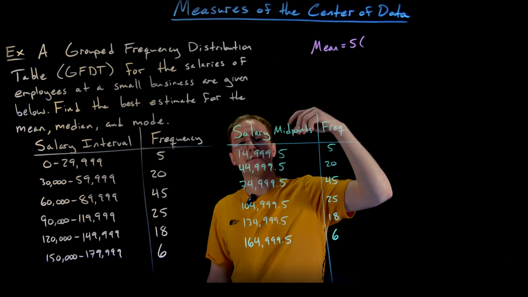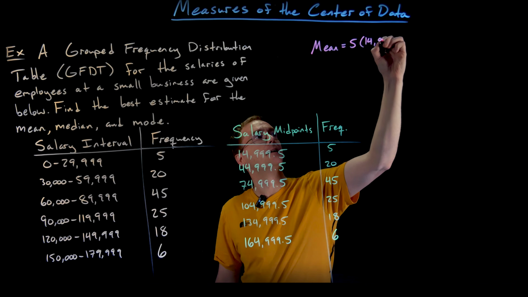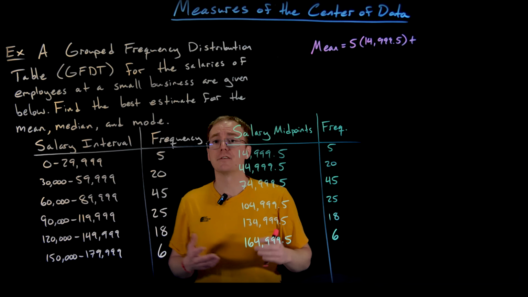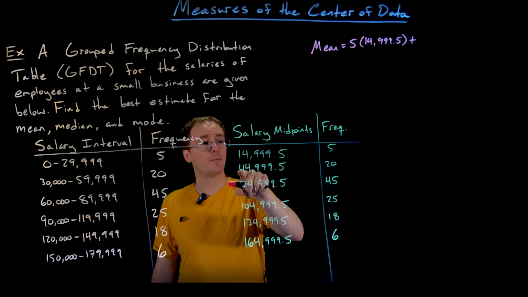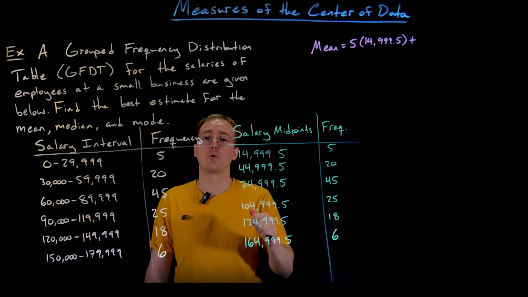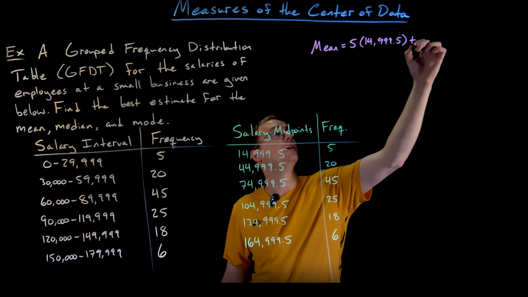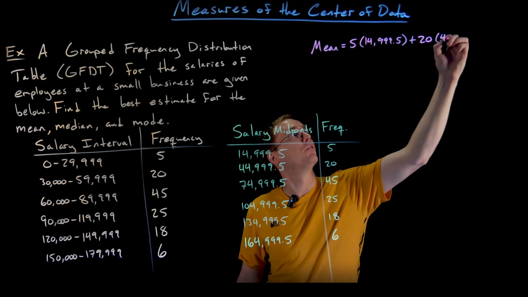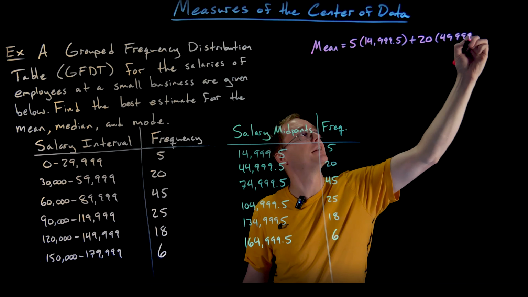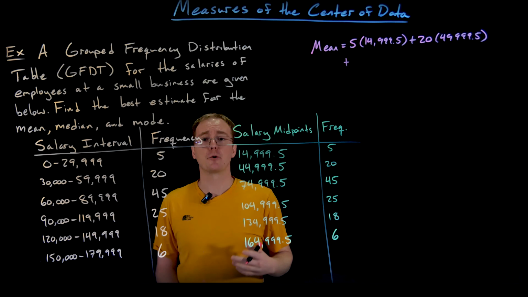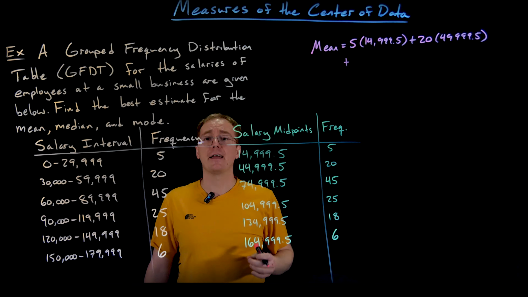So it'll be 5 times that value of $14,999.5. Then we have to add to this the value we get by taking the sum of 20 employees with a salary of $44,999.5, or by adding 20 times $44,999.5 to our current sum. And you probably don't want to hear me list this all out, so I'm going to go ahead and write that, and then we'll jump ahead.